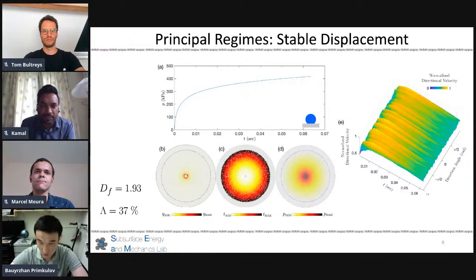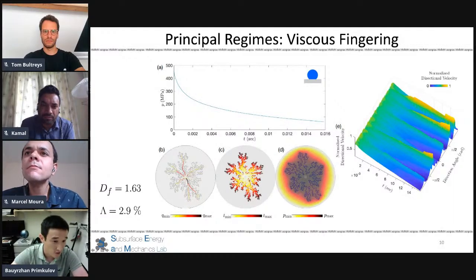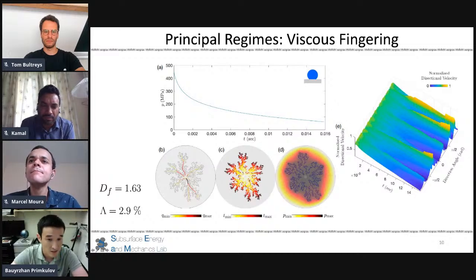Now we move to viscous fingering. In viscous fingering, as you inject, the injection pressure monotonically goes down with time, and you develop these fingers that focus the flow within the main branches. But the pattern still is quite reasonably symmetric. And then most pressure drop takes place in the defending fluid, because viscous fingering happens when the invading fluid is less viscous than the defending fluid.